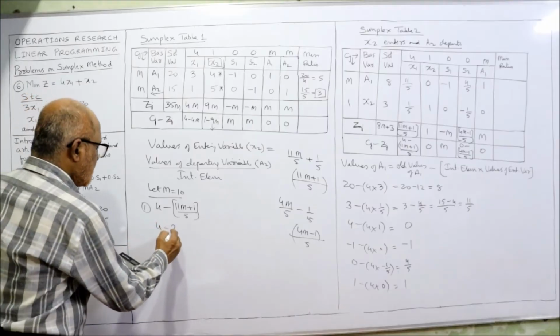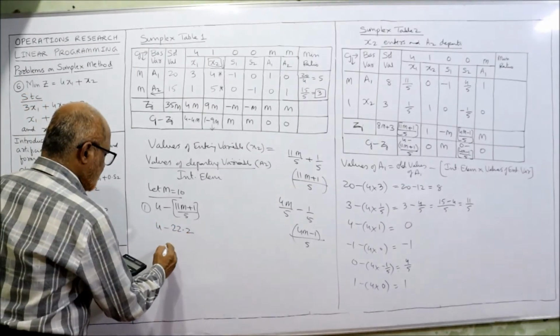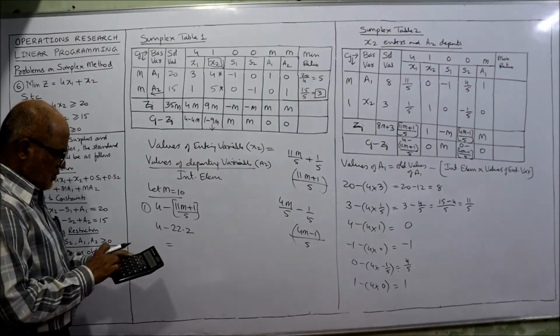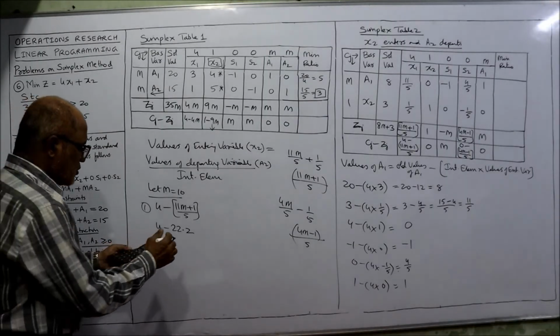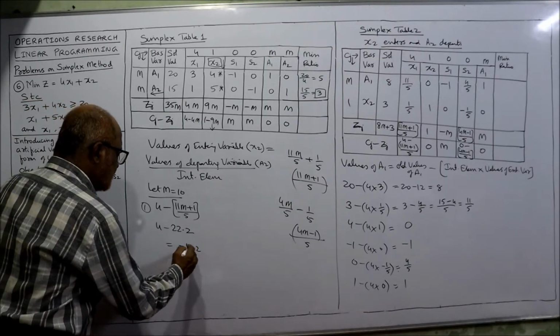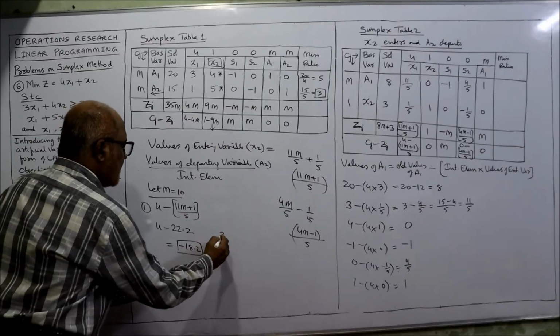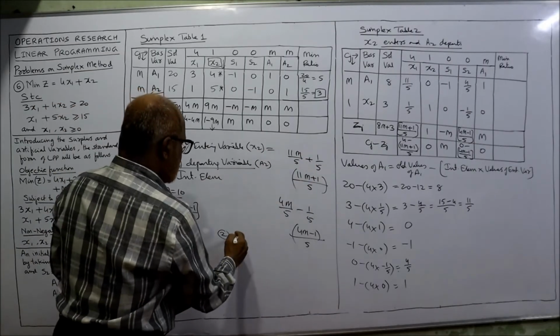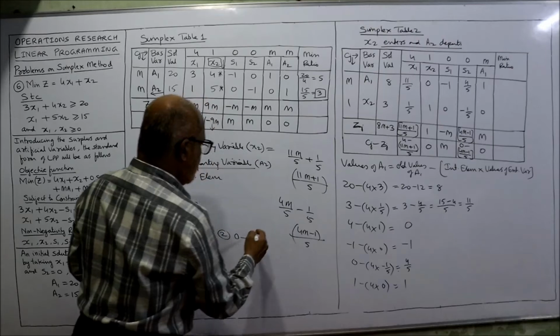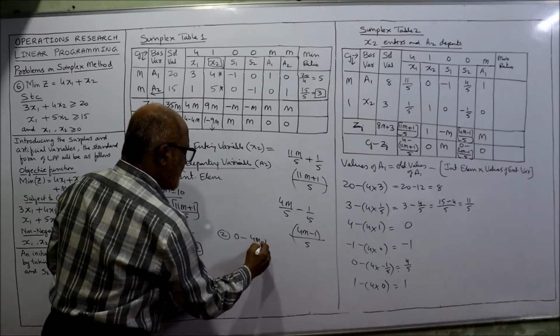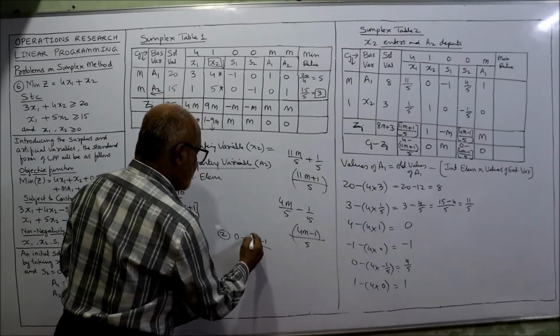It comes to minus 22.2. So 4 minus 22.2 comes to minus 18.2. This is the value.